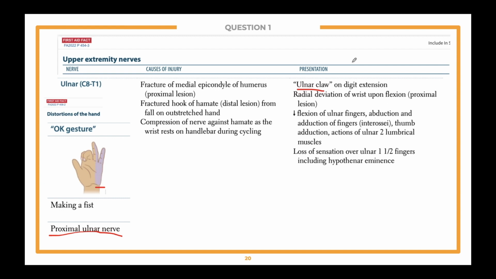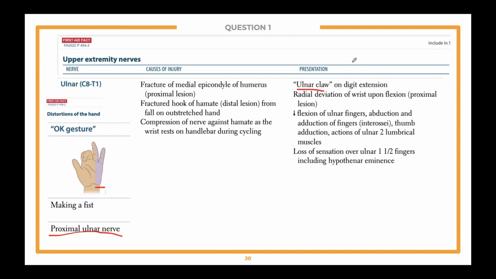Now, the deep branch of the ulnar nerve also innervates the adductor pollicis, okay? So the deep branch of the ulnar nerve also innervates the adductor pollicis.